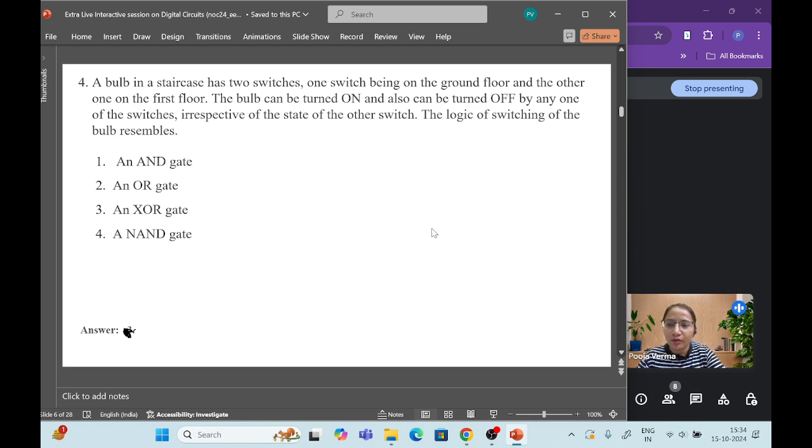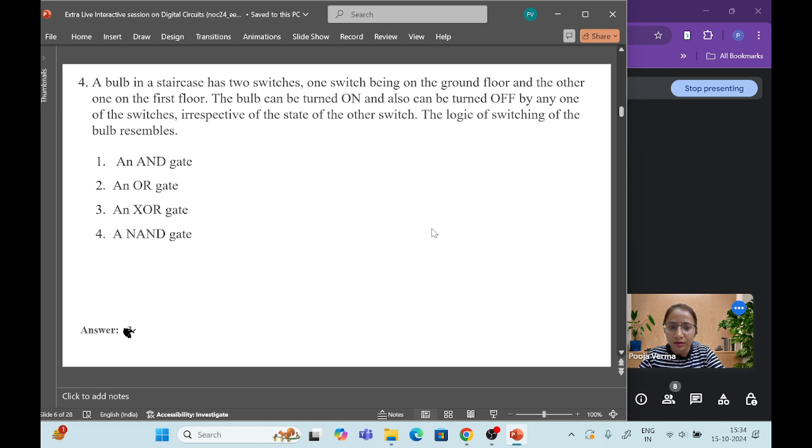Okay, so in the question it is clearly written: a bulb in a staircase has two switches, one switch on the ground floor and the other on the first floor. The bulb can be turned on and turned off by any of the switches, irrespective of the state of the other switch.